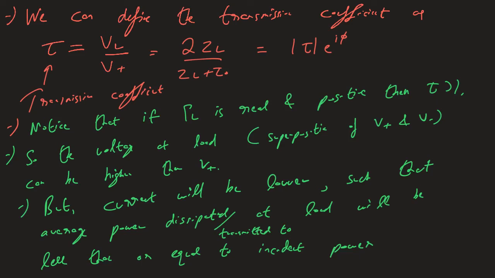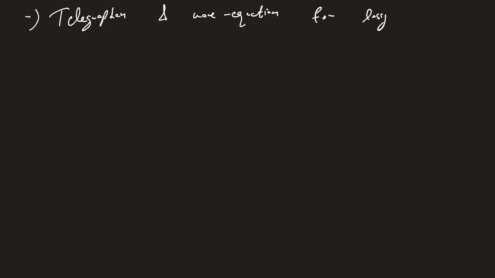The main takeaways from this lecture are the telegrapher equations and wave equations for lossy transmission lines, how we got there, and the use of phasor notation.